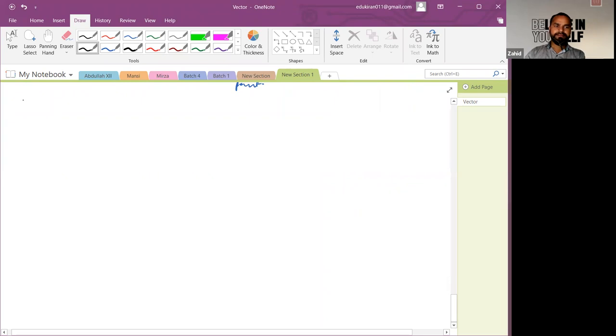Next is polygon law. It is for more than two vectors. So let's say this is the first vector A. Put the tail of the second vector on the head of it like this.